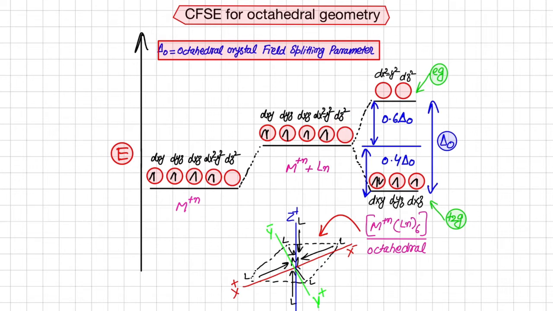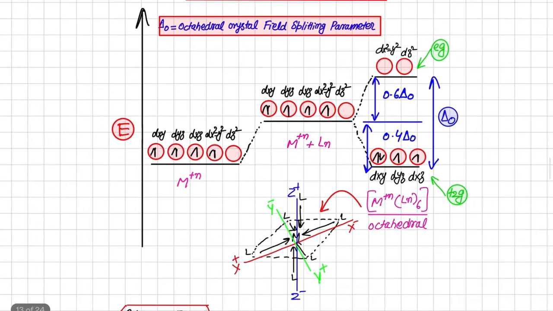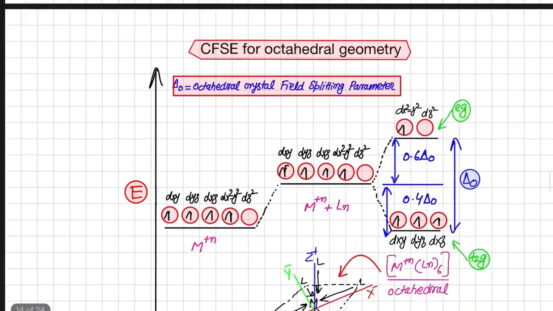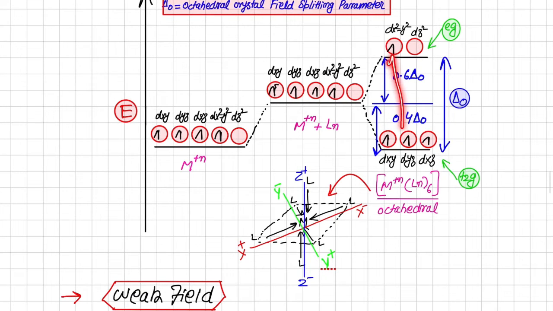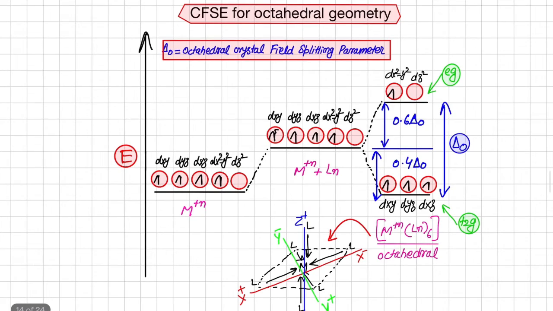They prefer to be placed in separate orbitals, but here the electron has been paired up by force because it cannot go into the high energy level, as this gap is too much greater for strong field ligands. But here the electron can jump into the high energy level and be placed separately because this gap is less due to the presence of weak field ligands.